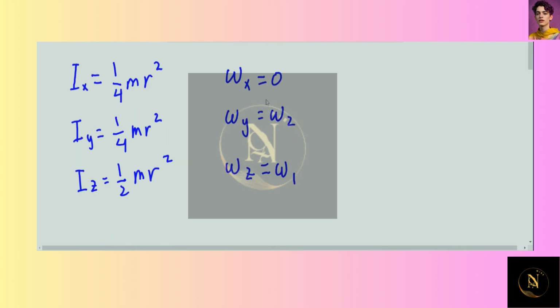So for the x direction, this is going to be equal to the moment of inertia in the x direction times the angular velocity in the x direction. And we already know that there's no angular velocity in the x direction, since by the right-hand rule, we can determine that that velocity is going to be 0.